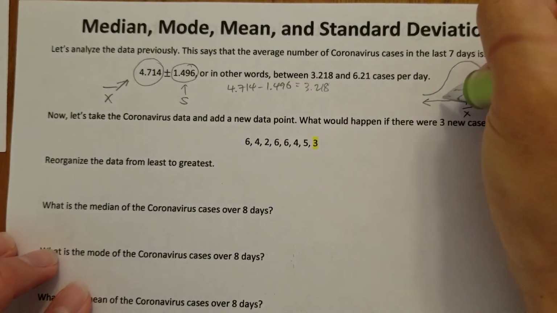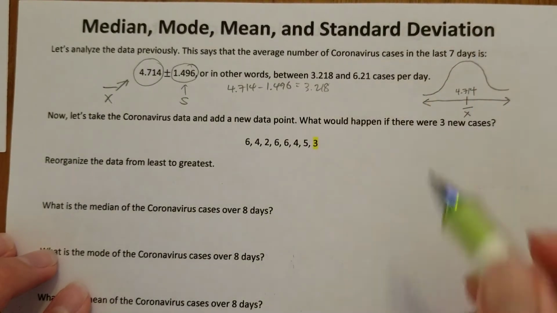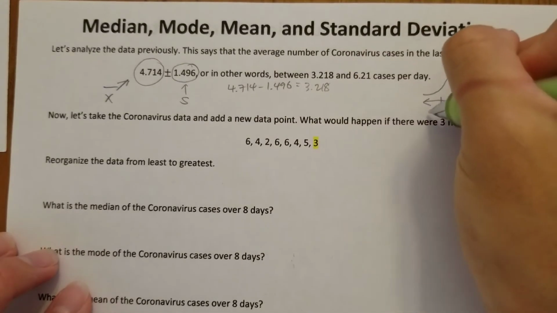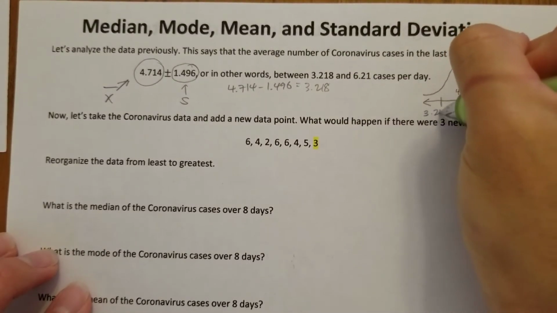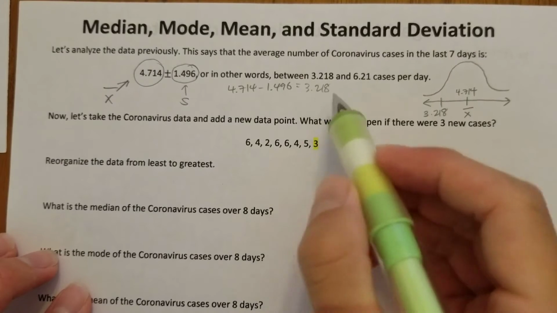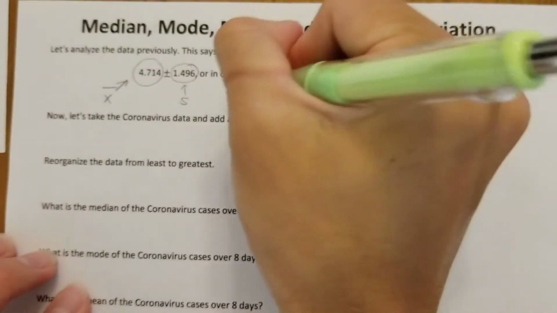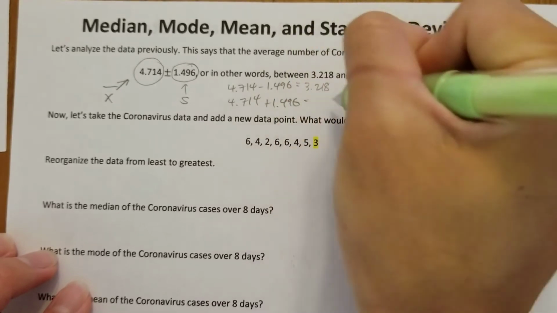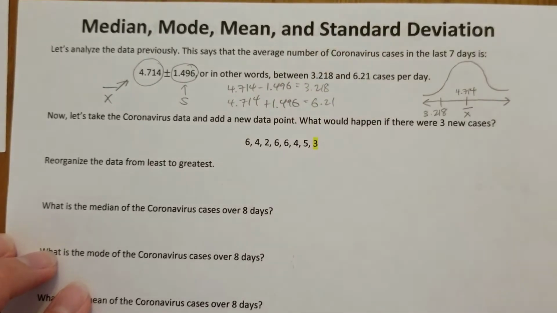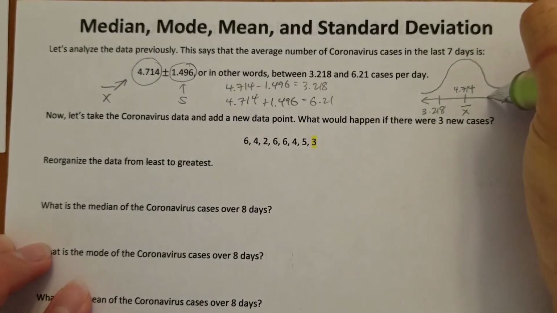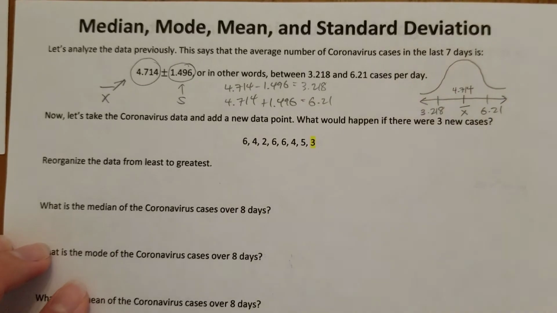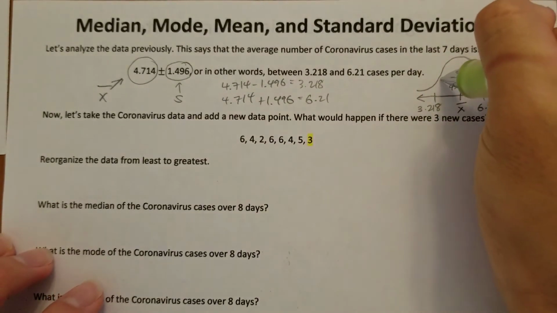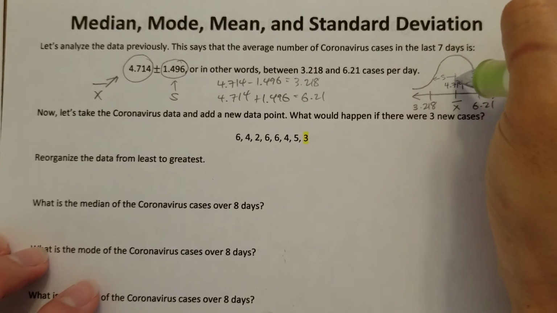So the range of values around the average is going to be somewhere between 3.218 and, if we add 4.714 plus 1.496, 6.21. So 6.21 is what would go there. So if you see, this is what S represents.